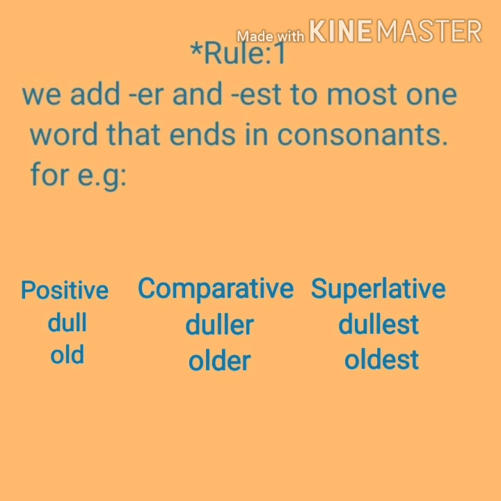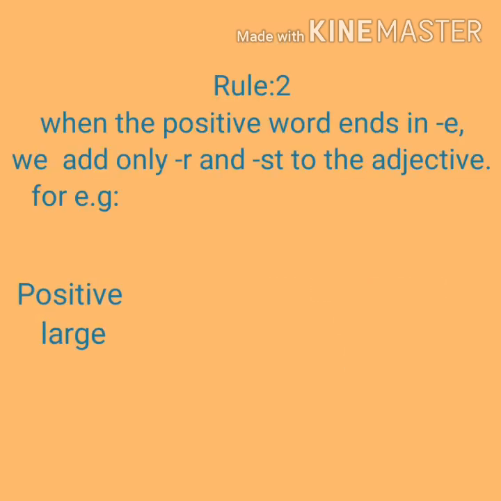Example, for positive, dull. Comparative, it is duller. And for superlative, it is dullest. Getting into the second example, old for positive, older for comparative, and oldest for superlative.